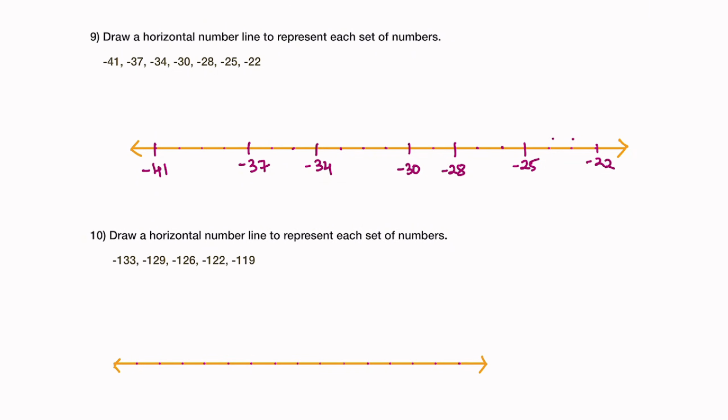So we simply had to mark the given numbers. Next one. So it's minus 119. It's good that they've given us in order. So we simply have to plot them. That's 120, 121. So that's going to be minus 122, 23, 24, 25, 26. So that's minus 126.